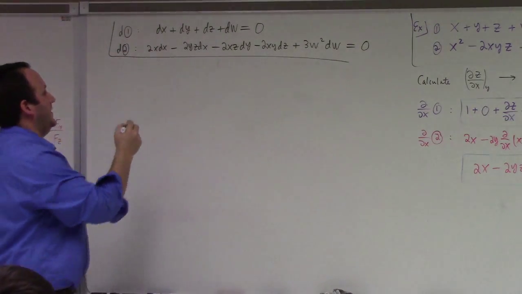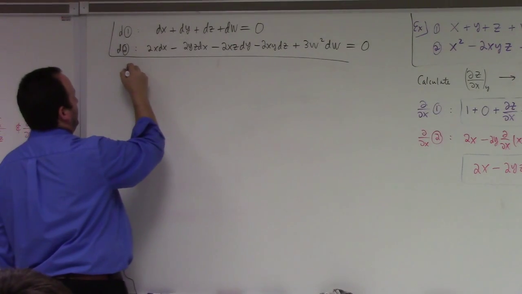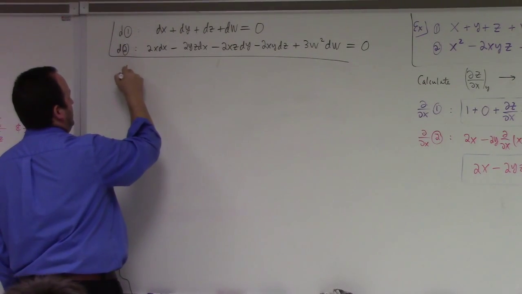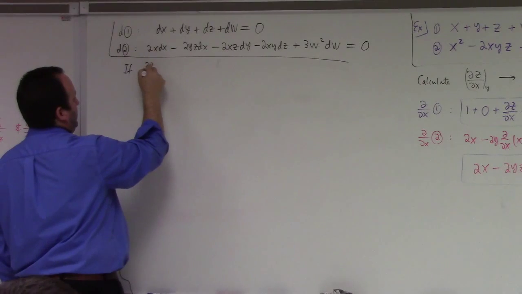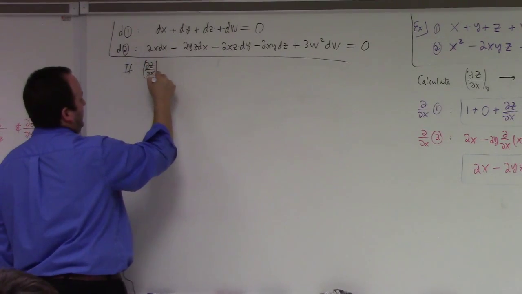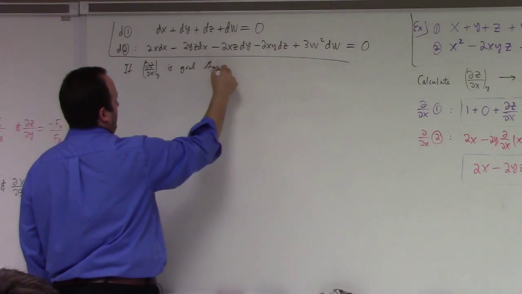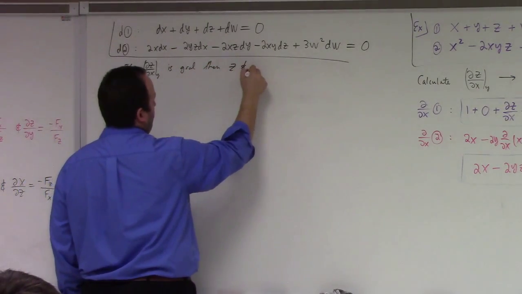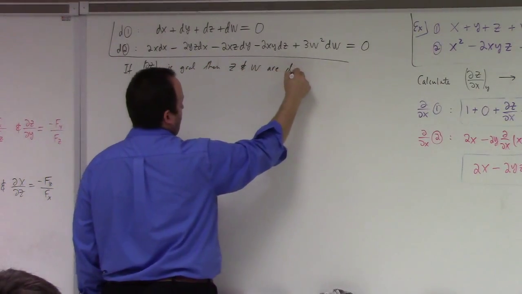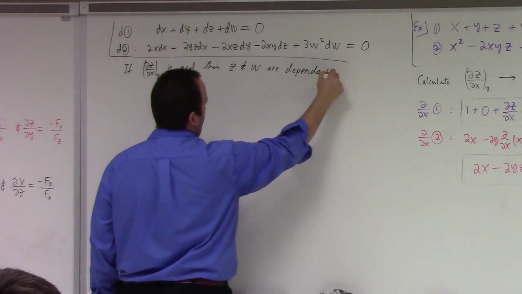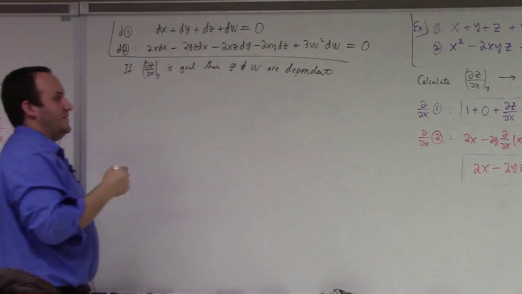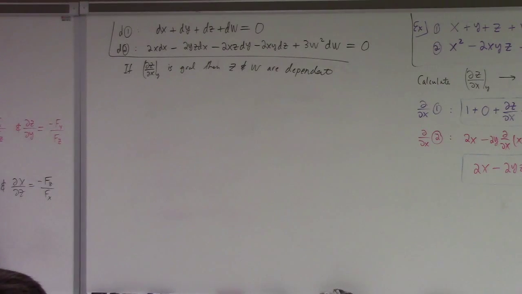So what do I want to solve for? If partial z partial x holding y fixed is the goal, then z and w are the dependent variables, which means I want to solve for dz and dw in order to find their partial derivatives.